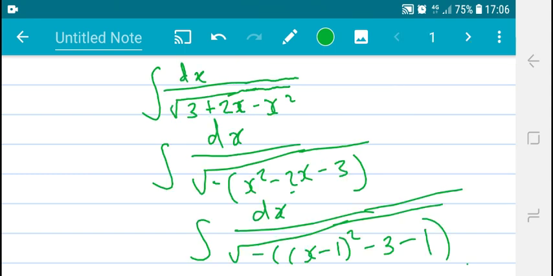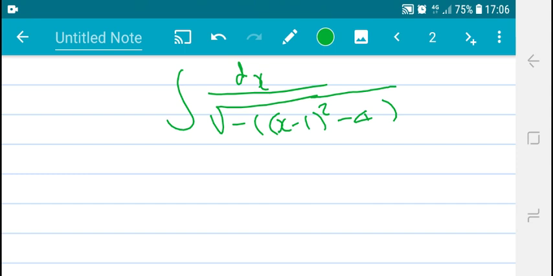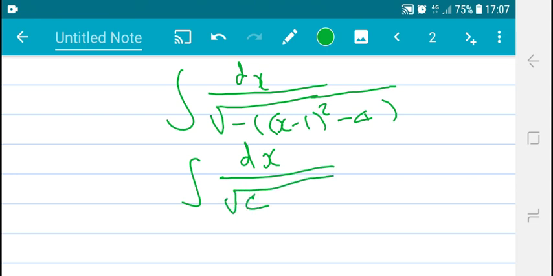Minus 4, because minus 3 minus 1 is minus 4. And now, look at this expression. Let's try to distribute the -1 once more. So this now is going to be positive 4 minus x minus 1 squared.